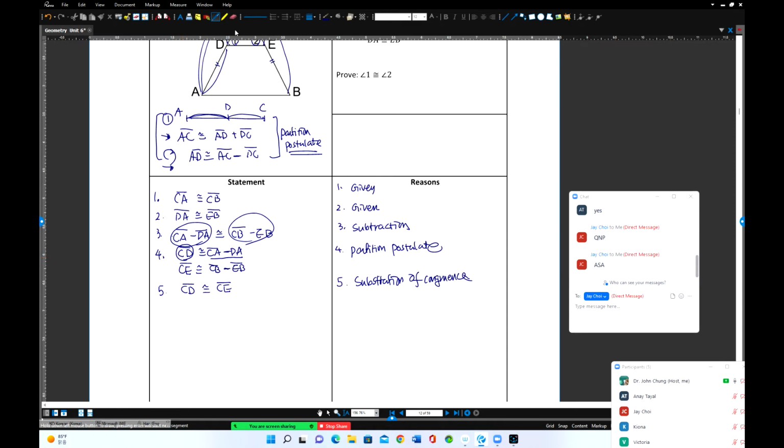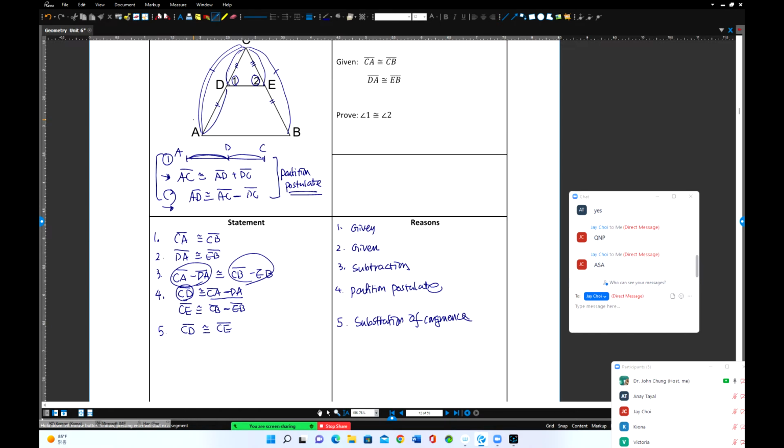Now we got CD and CE congruent. I'm going to change the color over here. From these two congruent sides, opposite angles are also congruent. That's the rule, right? Now you can say angle 1 congruent angle 2.